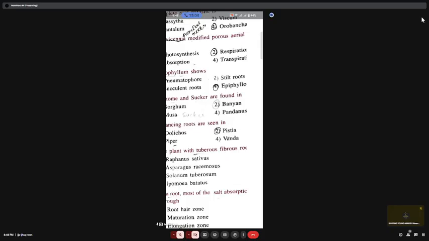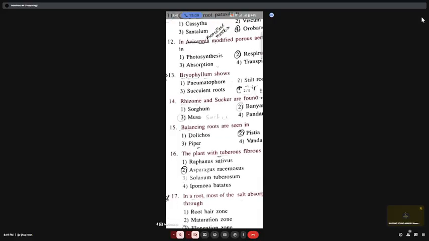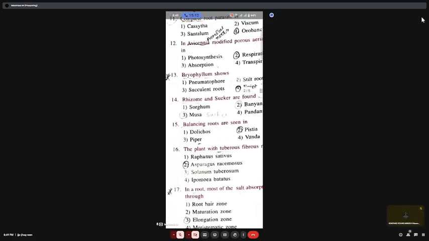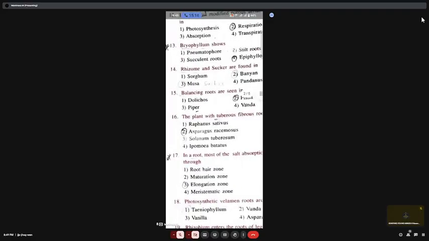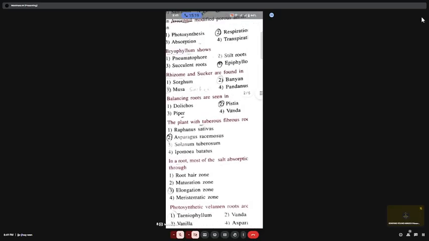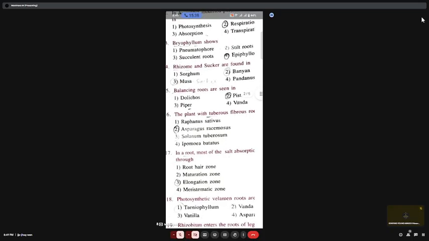Epiphytes hang on another leaf. So this is an epiphyte. And rhizome and sucker are found in Sorghum, Musa, banyan and pandanus. The answer is banyan. Rhizophore and sucker are found in the banyan root.